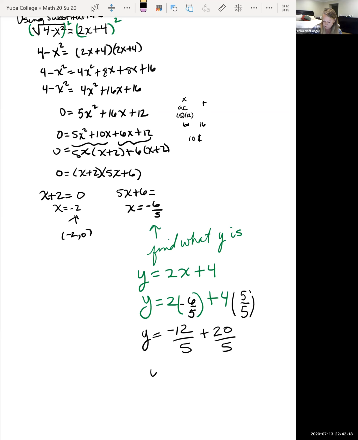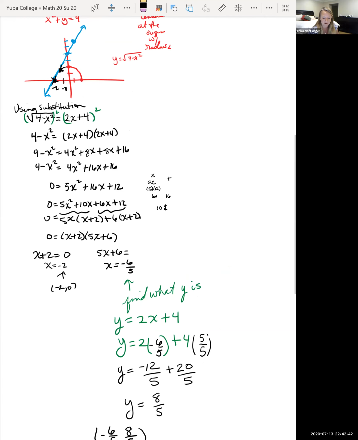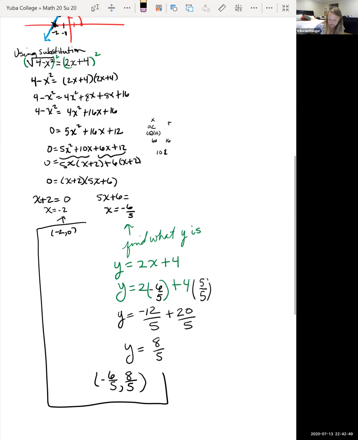So y is equal to negative 12 plus 20, which is 8/5. So our other point is negative 6/5, which was our x value, and our y value is 8/5, which is 1.6. If you look at our graph, 1.6 falls in our domain of the semicircle, so my guess is that we're right. But we can always go back in and plug in both of these points into both equations and show that they both work. But those would be our solutions to that system.